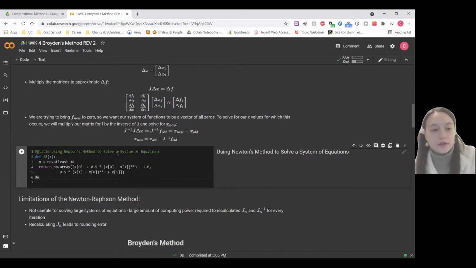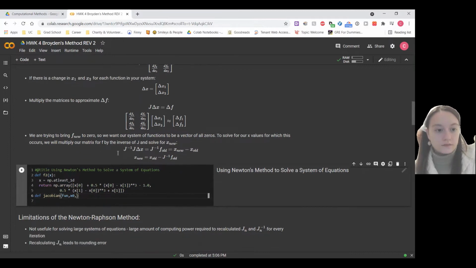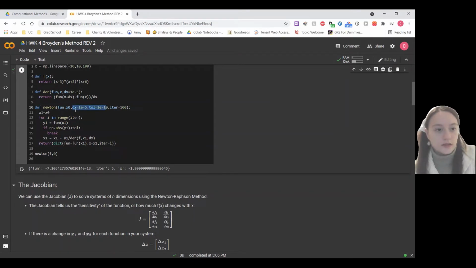So we're now going to define a function for calculating our Jacobian. For this, we'll need our function, we'll need an initial guess for x, and then we use the same tolerance and dx values.